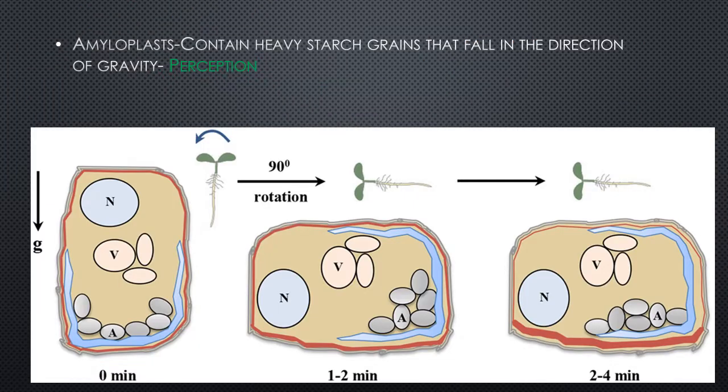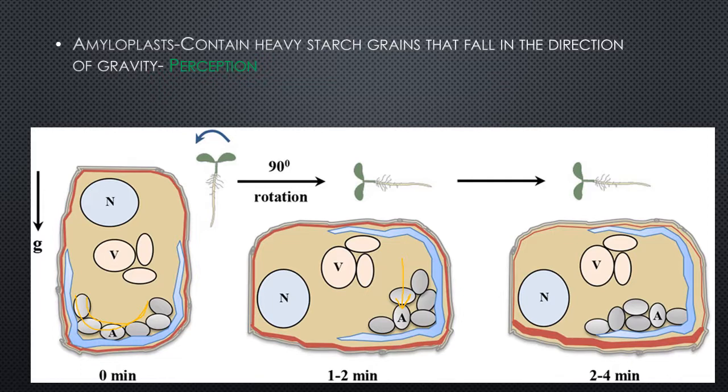So here we go. Starting on the left, here's our regular plant, and just looking at these columella cells in the root cap, all the amyloplasts are down here at the bottom. And then we rotate it 90 degrees, and now all these amyloplasts take about a minute or two to fall down.